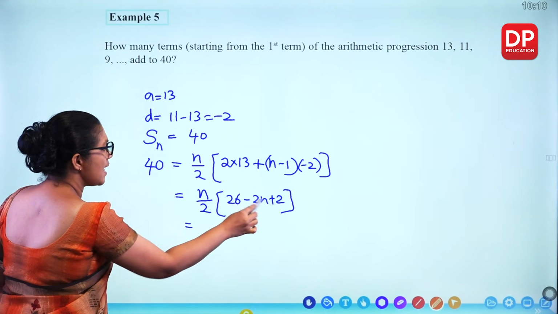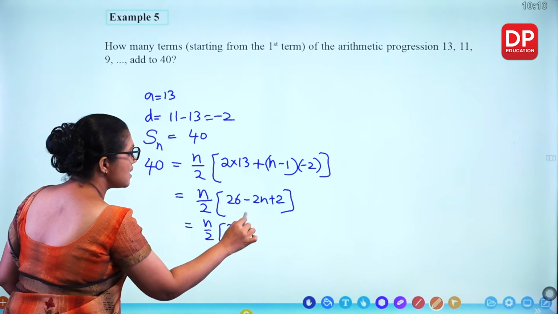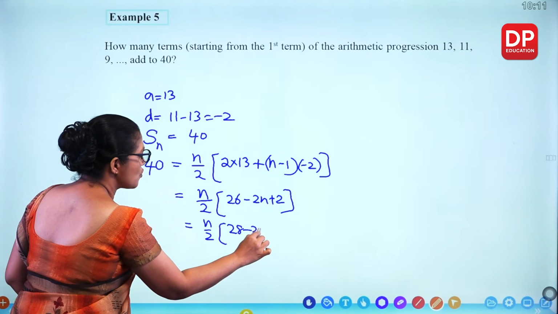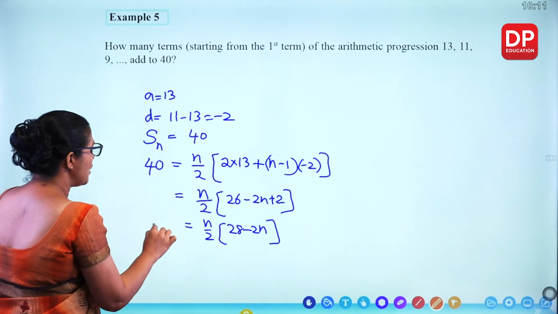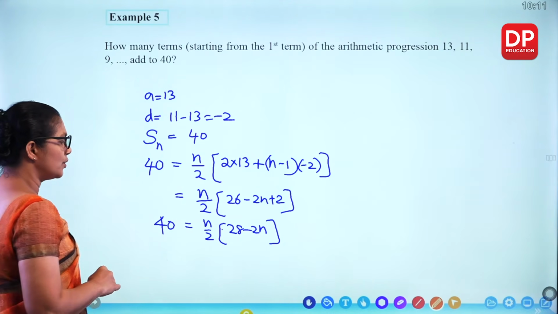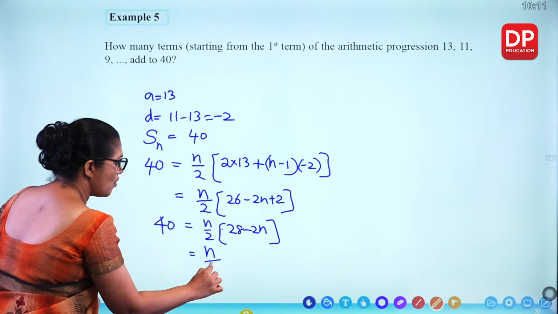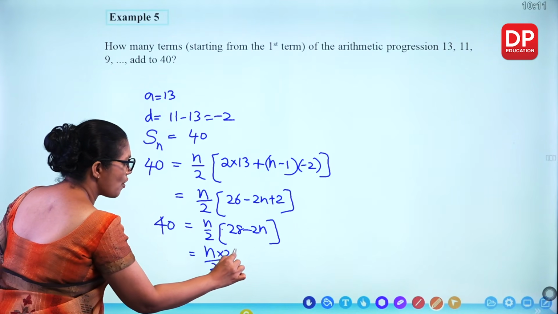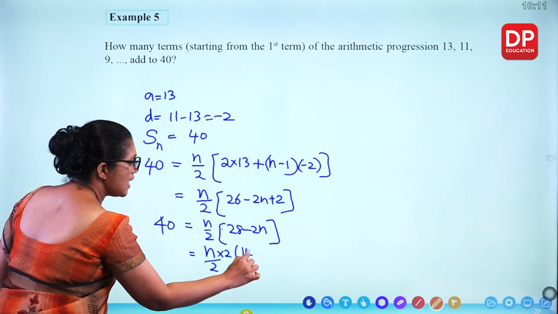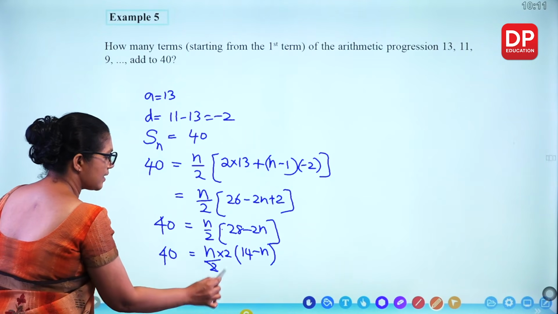So what's inside? You get n over 2, 28 minus 2n. When you divide both these by 2, you can get rid of this. So n over 2, I'll take 2 out from this, 14 minus n. 2 get cancelled out.